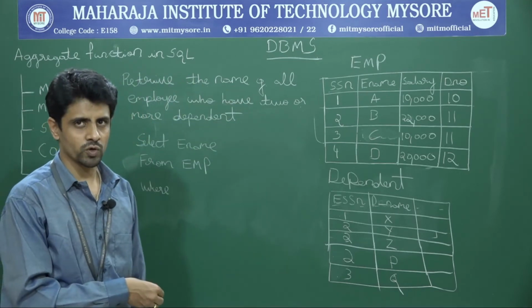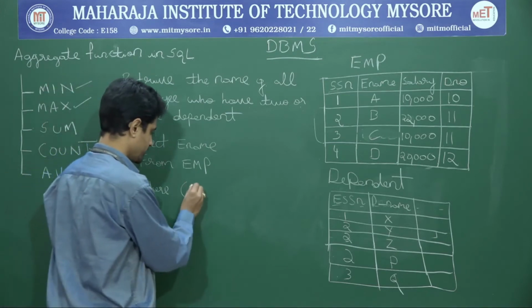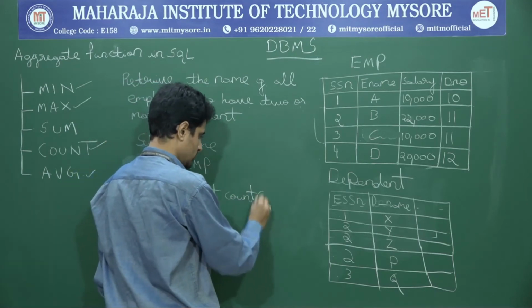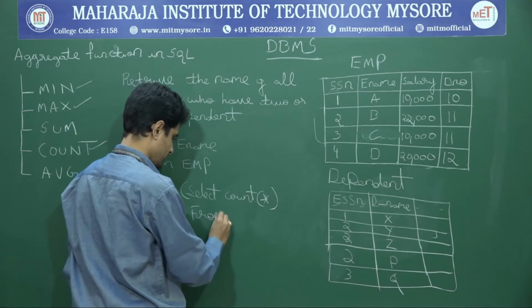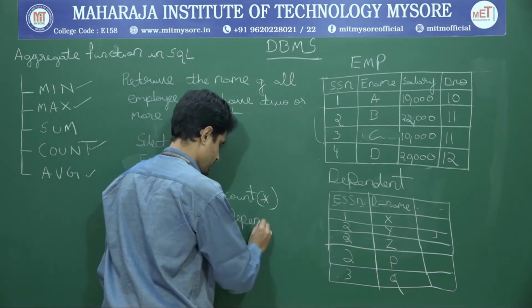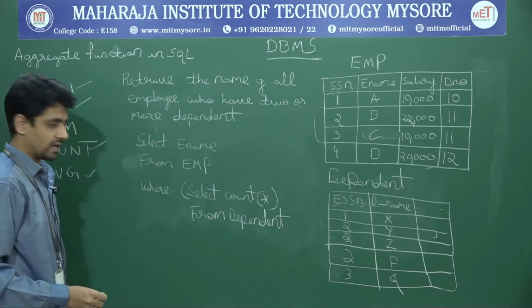So do we have to write a correlated nested query here? Of course yes. So let's see that. Where select count star from dependent. So from dependent we are going to take this where condition.